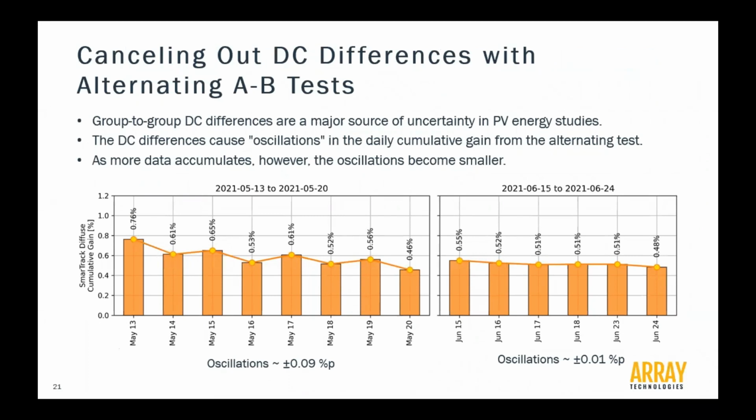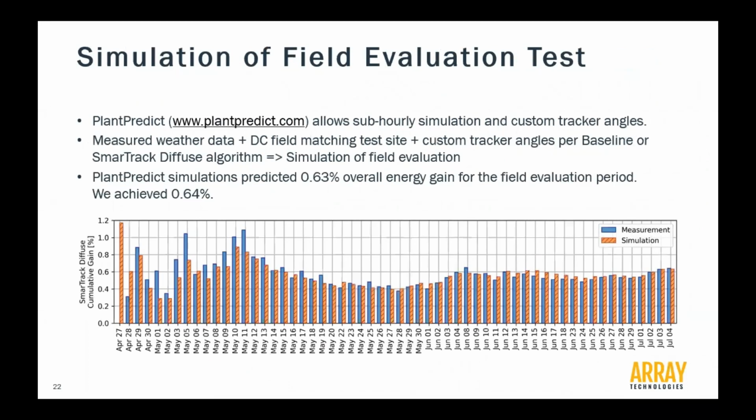Another sunny period occurred from June 15th to June 24th. But you can see here that the cumulative gain oscillations during this period are noticeably smaller than the oscillations observed in the earlier period. So the decrease in oscillations in the cumulative gain at the later period indicates that the alternating operation strategy was effective at canceling out the small DC differences between the groups.